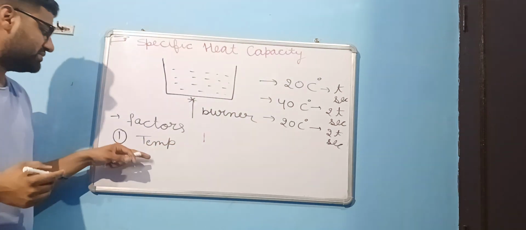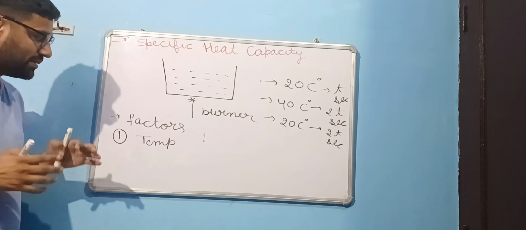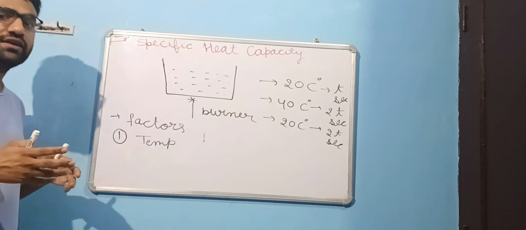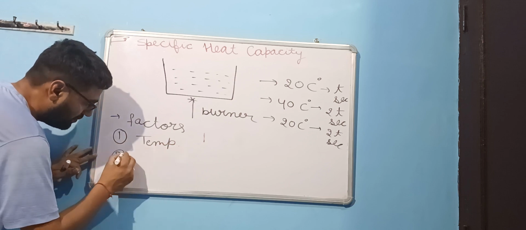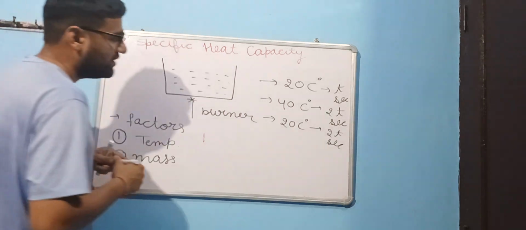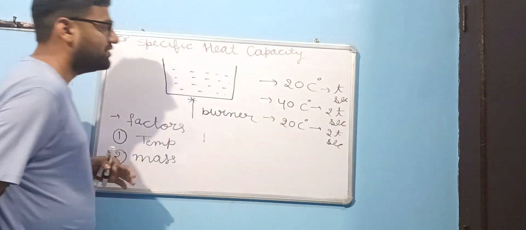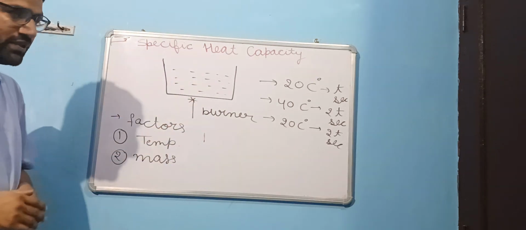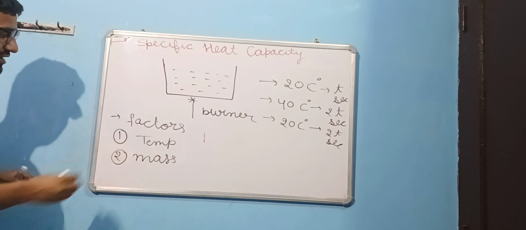So to raise the temperature higher, we have to provide more heat. Another factor is the mass of the substance, because when we take double the amount of water, the time taken is also double. So the second factor is mass.